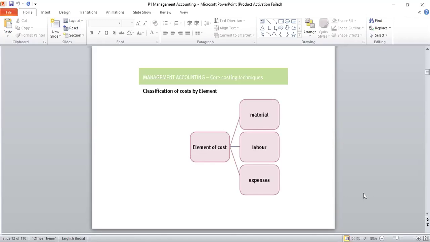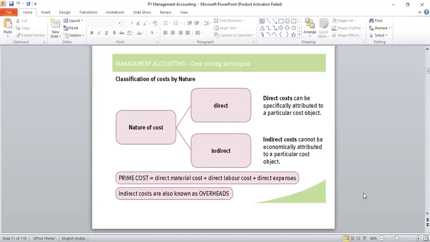Okay, there are three elements of cost. Just now, based on the nature, there are two different types of cost, which is direct cost and indirect cost. Combining these two things, there are three elements of cost. So that is what we have understood.